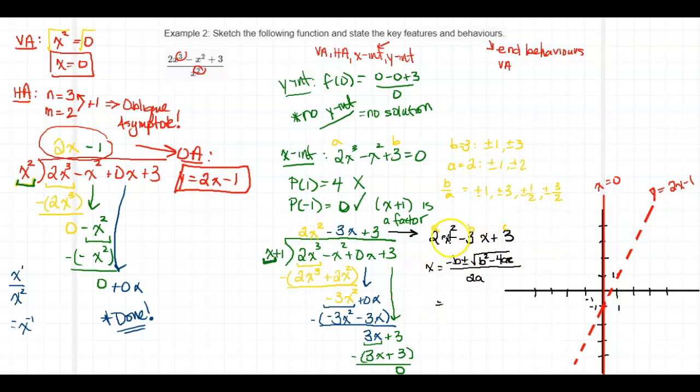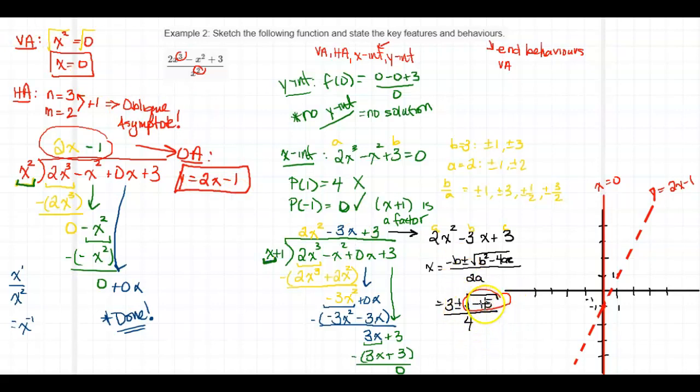When I plug in all those numbers and simplify, a negative and a negative make a positive 3, plus or minus the square root. When I plugged in my b is negative 3, my a is 2, and my c is 3, I found that I get a negative 15 under there. And on the bottom, 2 times a, which is also 2, would have been 4. Well, I've got a big problem here.